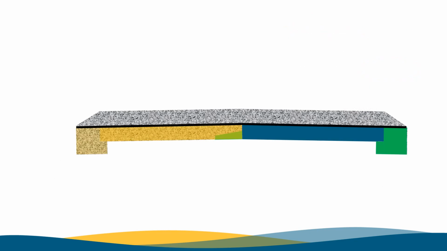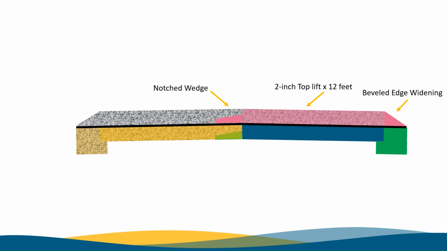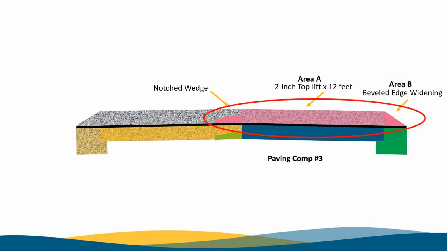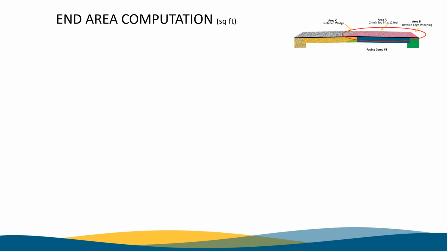Now let's look at paving the first lane of the top lift. We will pave the 2-inch thick lane and the widening section and the notched wedge all at the same time. We will call this paving computation number 3. Let's call the lane area, Area A, the beveled edge widening area, Area B, and the notched wedge paving, Area C. Again, you're getting this.